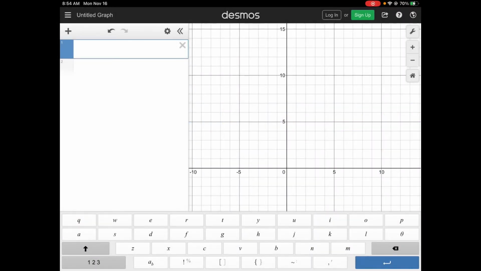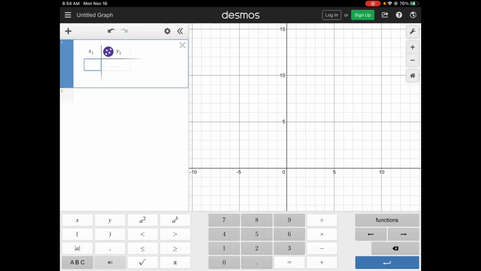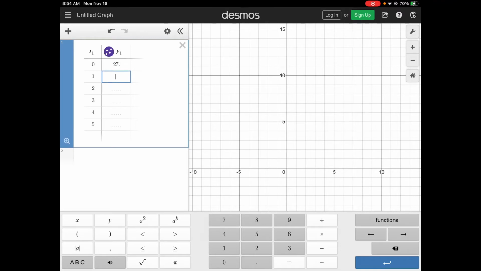Okay, so to enter our data, I'm going to first create my table of values. And so we have our years, adjusted years of 0, 1, 2, 3, 4, and 5. And then my Y1 is 27.9.